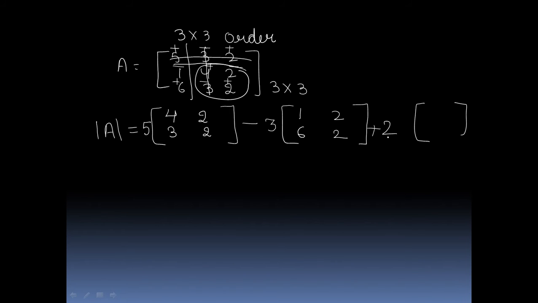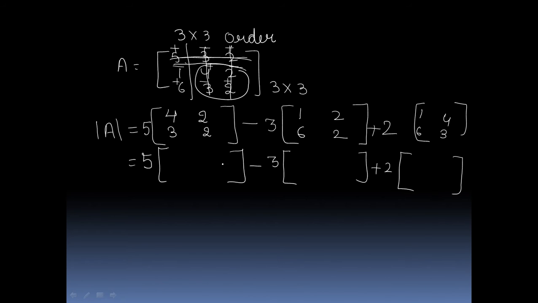When we take plus 2, then first row cut and third column cut. Left 1, 6, 4, 3 values. Now solve these equations in the square brackets. 4 multiplied by 2, 8, 3 multiplied by 2, 6, and take the minus sign in between both values.